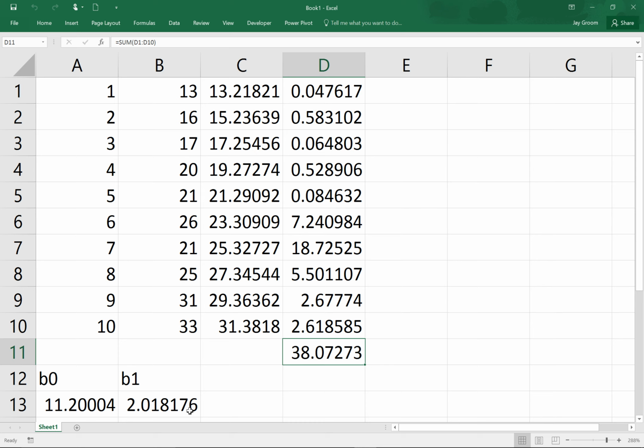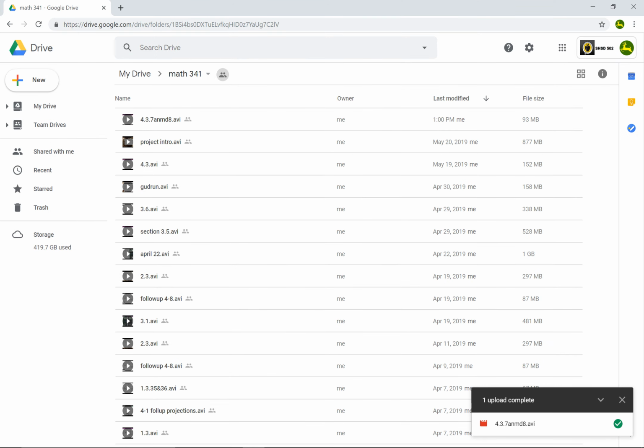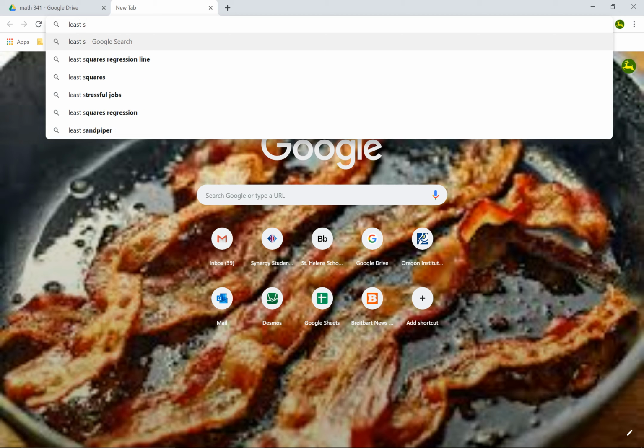Now, to this juncture, I'd like to show you something else. When I was a kid, for regression, least squares regression formulas. This is so gross.